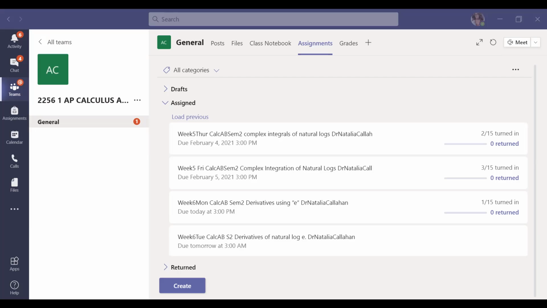And you know that y prime of e to the u is equal to e to the u times u prime. So y prime is going to be e to the u. So that's e to the negative 2x plus x squared times u prime. U prime is negative 2 plus 2x.